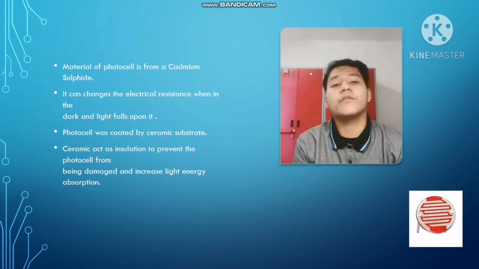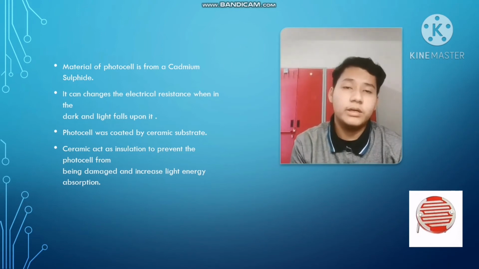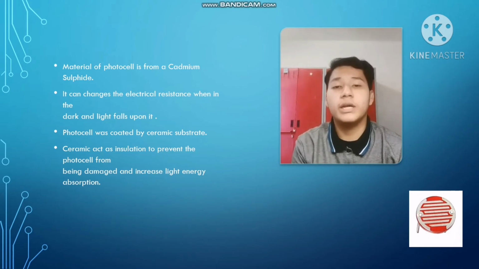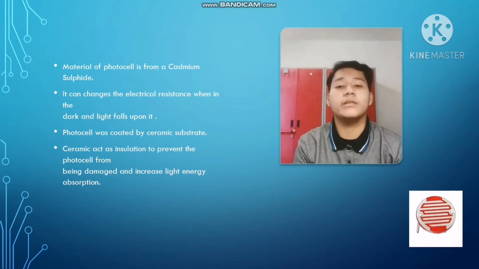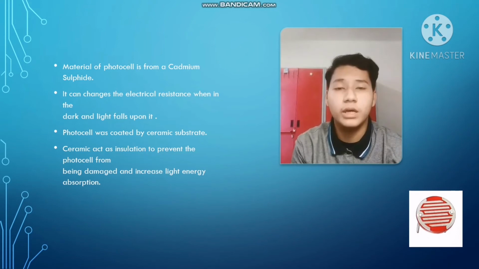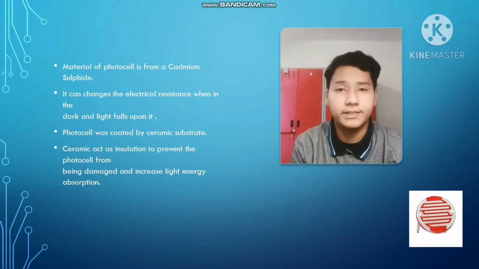And then the photocell is coated with a ceramic substrate. This ceramic acts as insulation and can prevent the photocell from being damaged and can increase light energy absorption because ceramic has a clear surface.